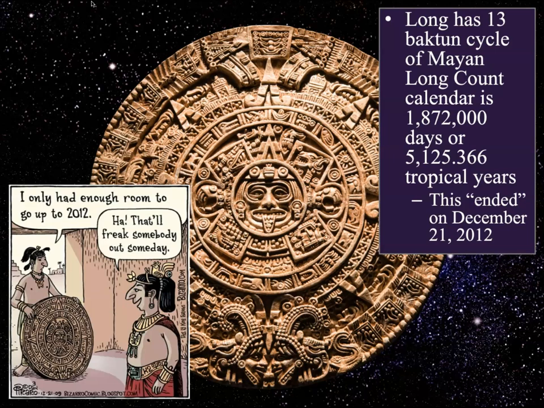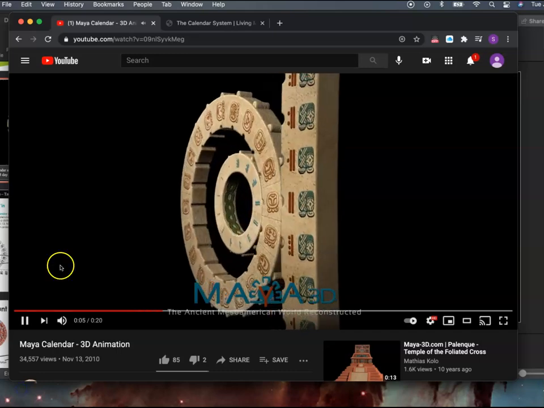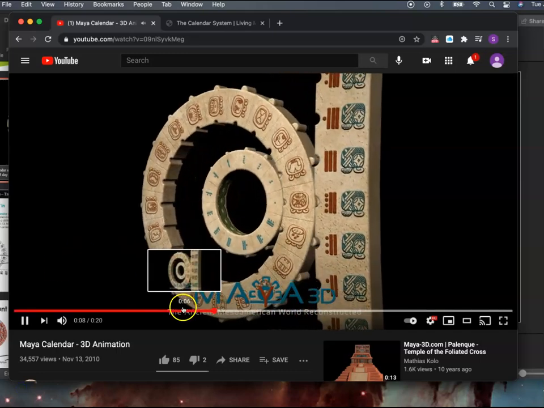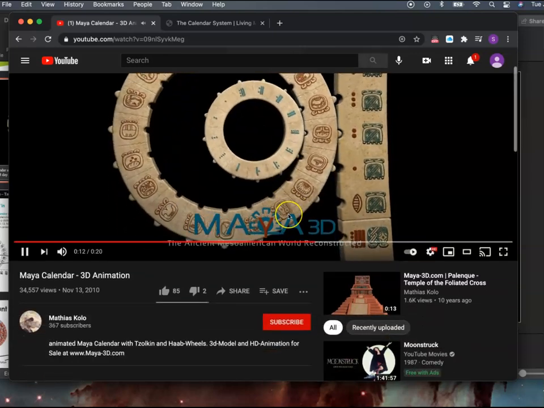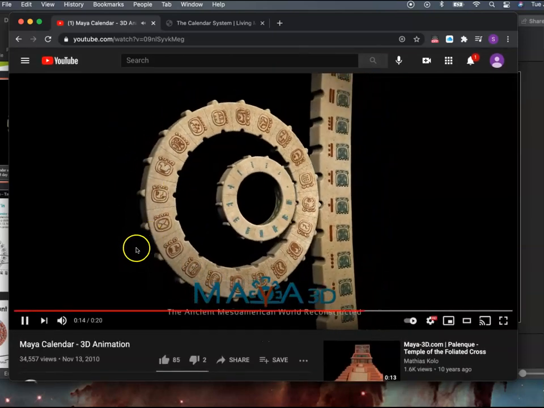Now, the long cycle has these different cycles, like I was describing. I turned off the weird music of this, but you can see the Mayan calendar moving here in this 3D map.